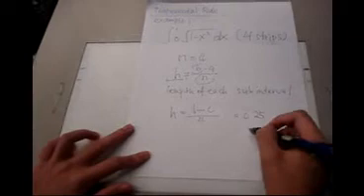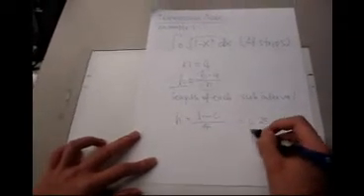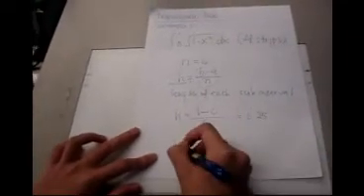So h equals b, which is 1, minus a, which is 0, divided by the total number of 4 strips. The answer you get is 0.25, which means the subinterval is 0.25, so x is 0, 0.25, 0.5, 0.75, and 1.